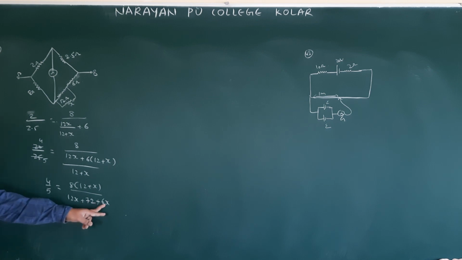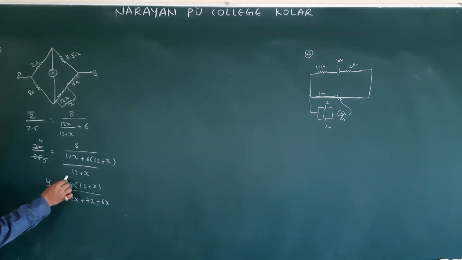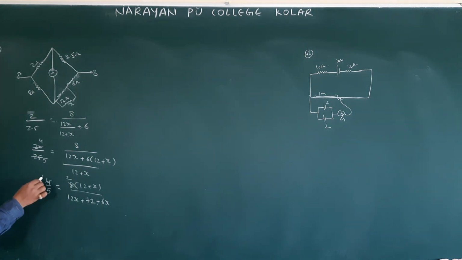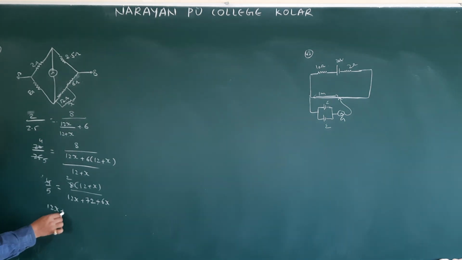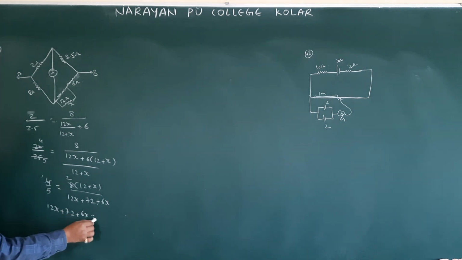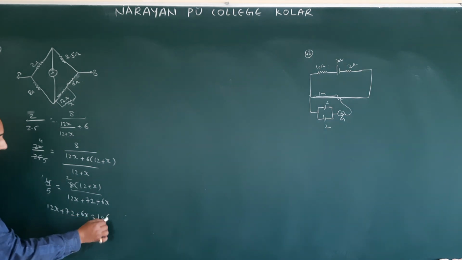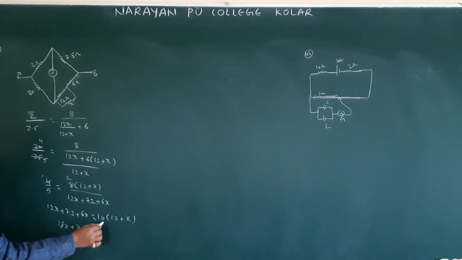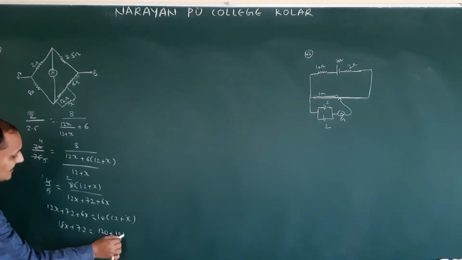So 12x plus 6x, 18x. Bring this side, so this 4 will be cancelled 2 times. So 12x plus 72 plus 6x. 5 into 2, 10 into (12 plus x). 12x plus 6x, 18x plus 72 is equal to 120 plus 10x.